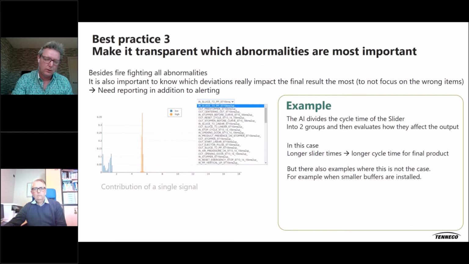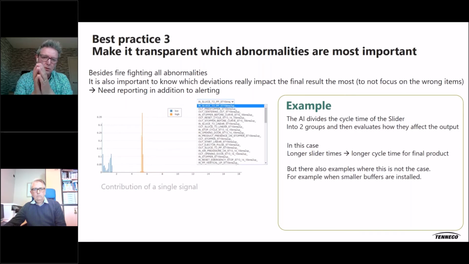A third piece of advice that we can make is to make transparent which abnormalities are really important. Because in all these installations, there are a lot of things happening and a lot of things that are varying. But the tool should help you in identifying what is key. There is an example here that I put in as a demonstration. There are signals that sometimes are fast, sometimes are slow.